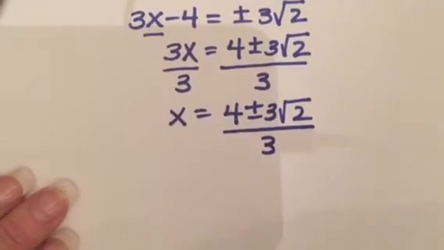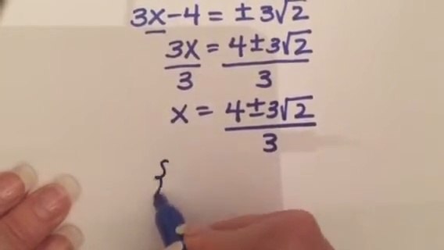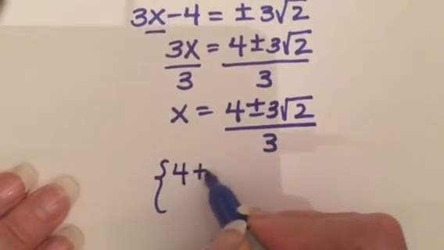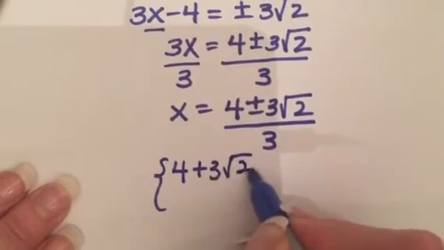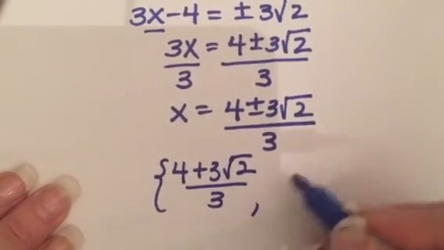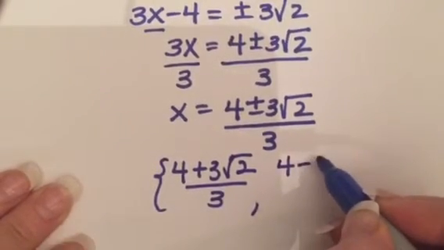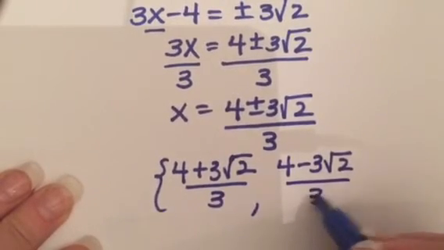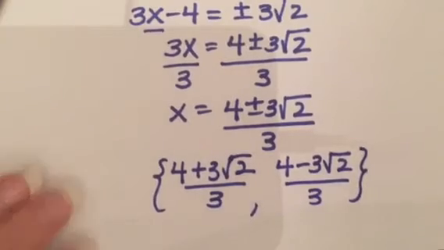So our solution set here, we have two solutions. We have 4 plus 3 radical 2 over 3, and also 4 minus 3 radical 2, all divided by 3. Those would be our answers in this case.